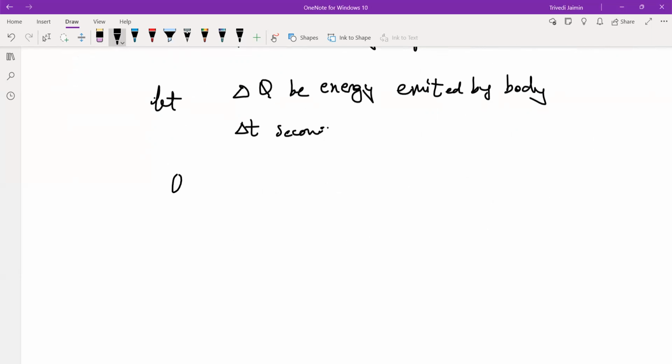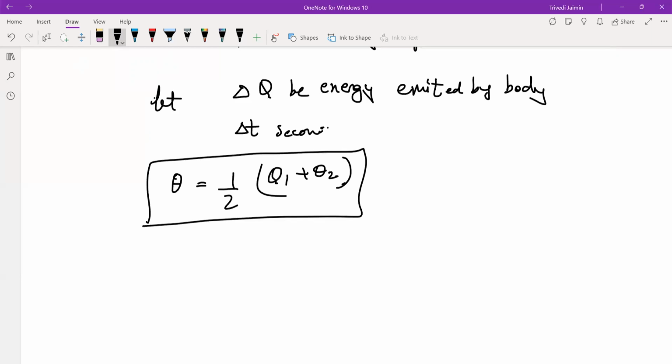Okay, so theta equals half of theta 1 plus theta 2. Mean temperature, two objects divided by 2. This is how we find the mean, right? Where theta 1 is the temperature for the first body and theta 2 is for the second body, or we can say before and after.